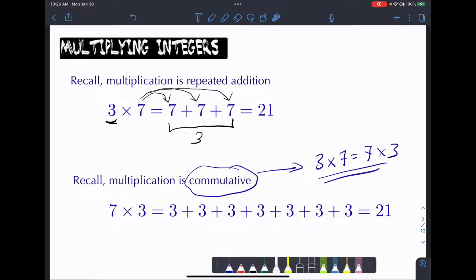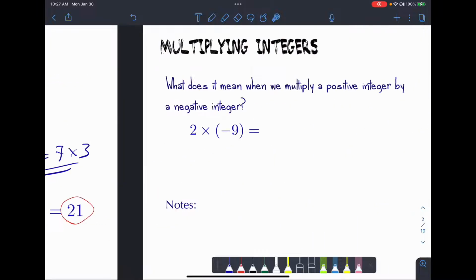And if we take a look at what's happening, we have 7 of these 3's appearing. And if we add them together, we get 21. Notice it's the same answer we got before. So these are two very useful things to remember, that multiplication is repeated addition and that multiplication is commutative. This is something we went over before with natural numbers. I'm just going to change slides now.